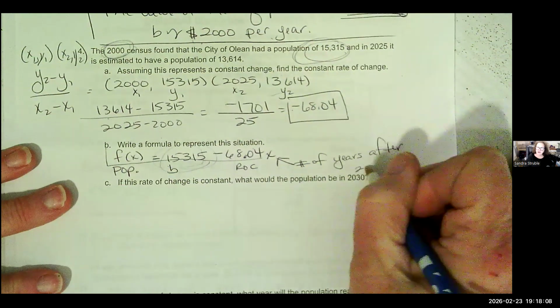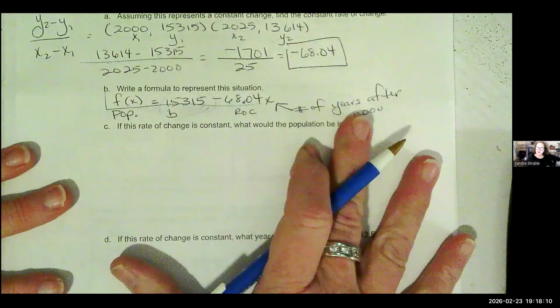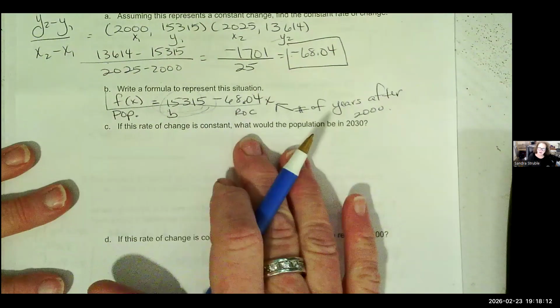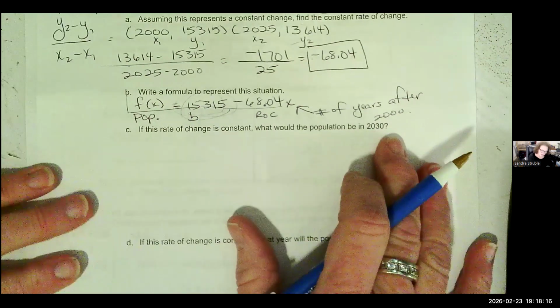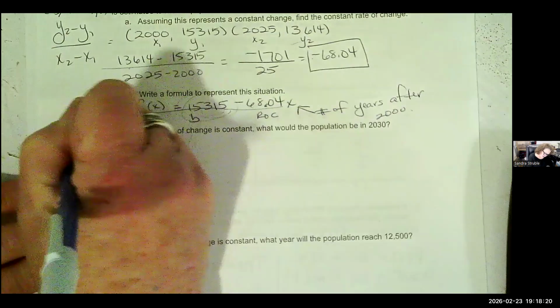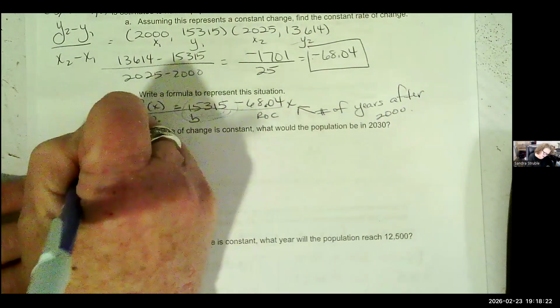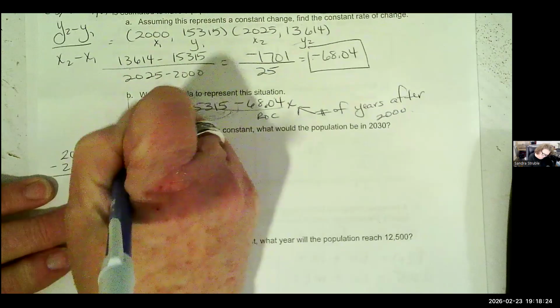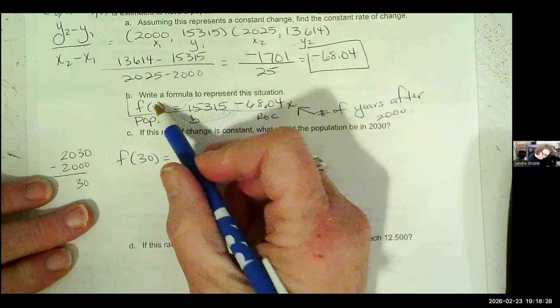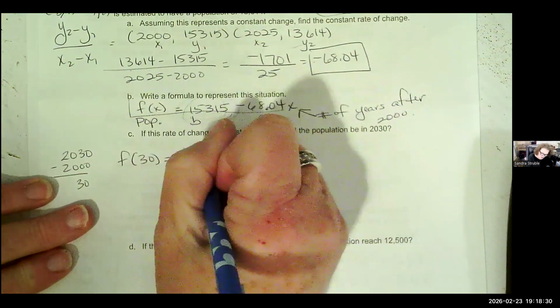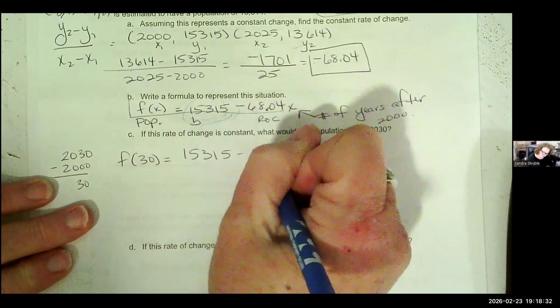So if this rate of change is constant, what would the population be in 2030? Okay, well, that's going to be an x thing because x is the number of years. So 2030 minus the 2000 is 30 years. f of 30, and we're just going to plug in 30 everywhere there's an x. 15,315 minus 68.04 times 30.